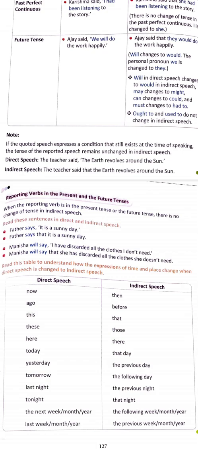You can read the sentences here. Father says, "It's a sunny day." Then simply you will use that. It's a sunny day.